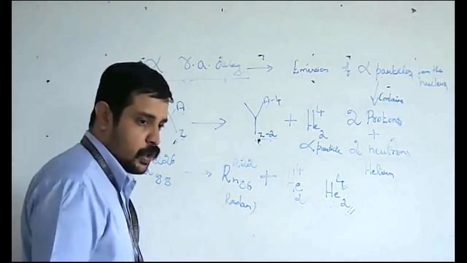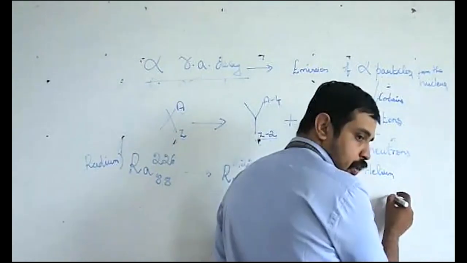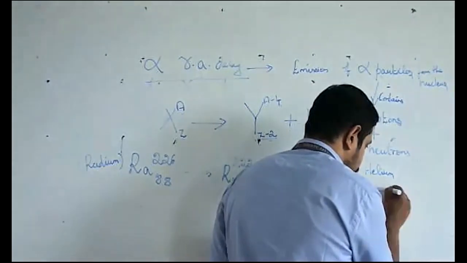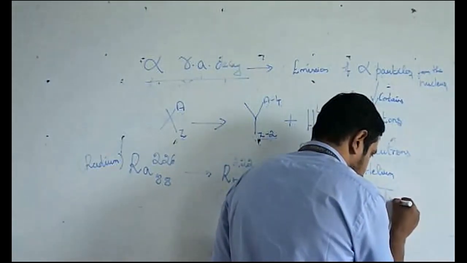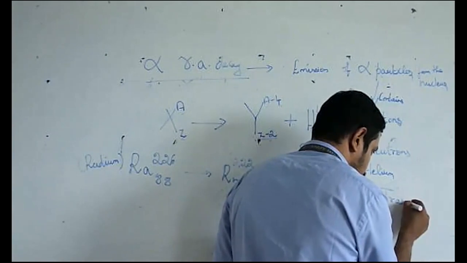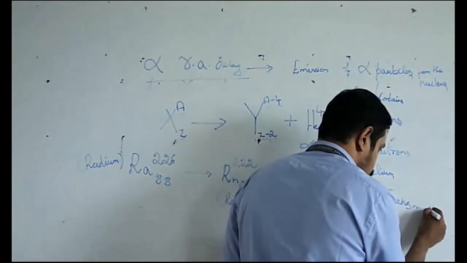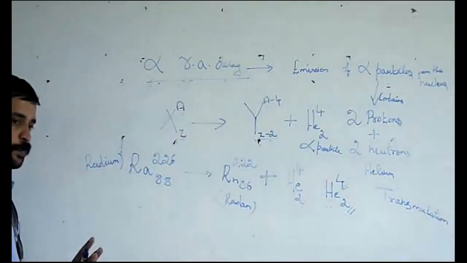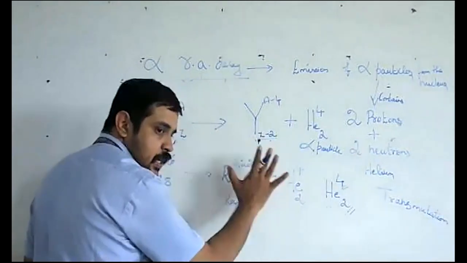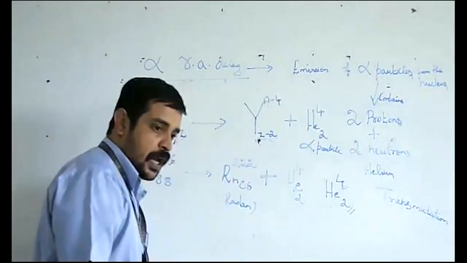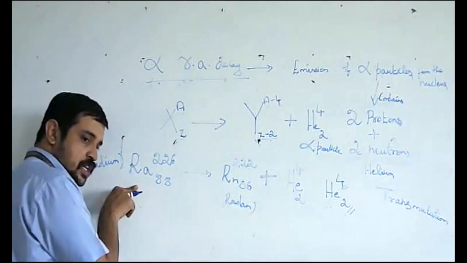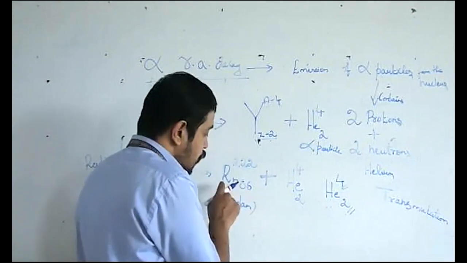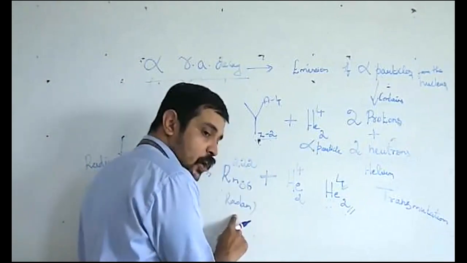Another important term which I want to tell you is, I'll write it here, transmutation. Now, very simple. This process is called transmutation because previously it was radium, and because of alpha radioactive decay, it has been converted to radon.